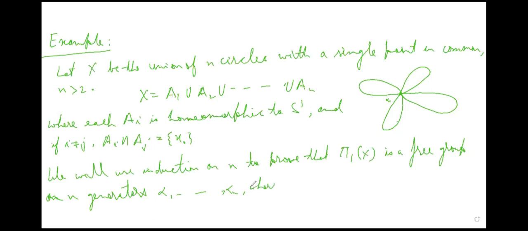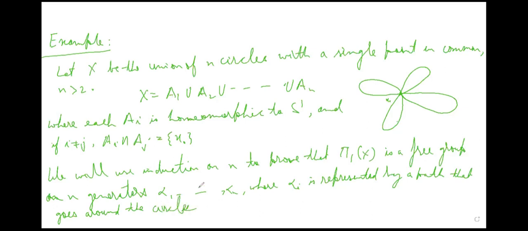where alpha i is represented by a path that goes around the circle once.